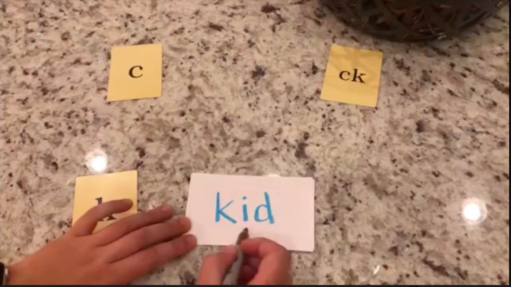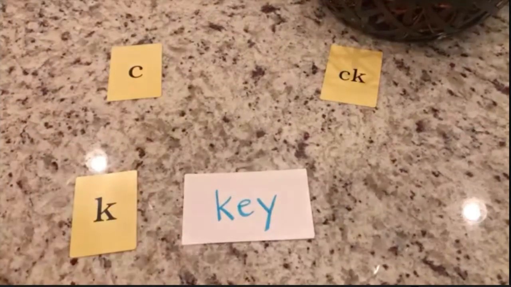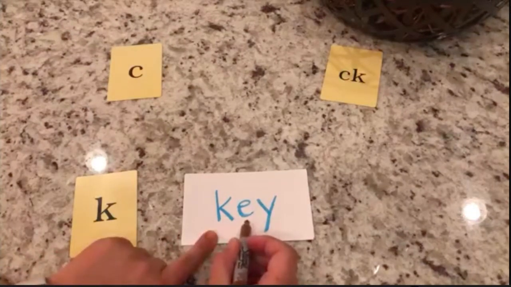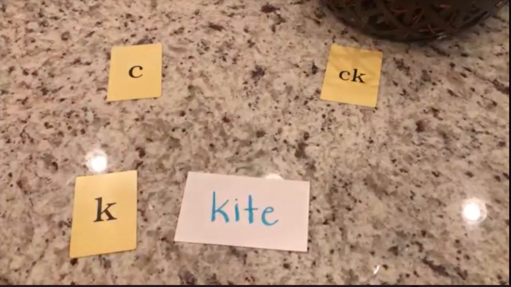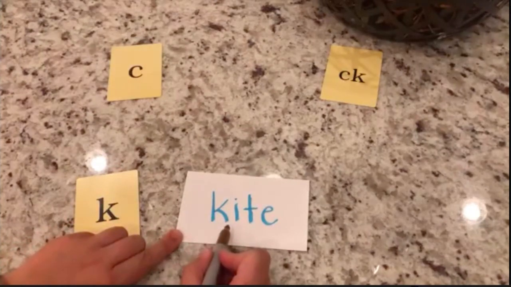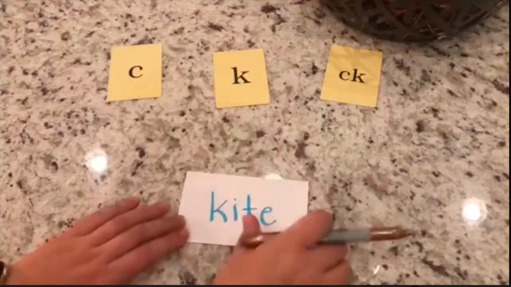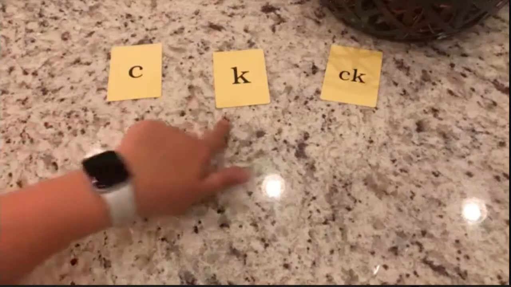K at the beginning because there's an I. We use K at the beginning usually if there's an I or an E following it. This one is key. K at the beginning because it follows with E. And last one, kite. We use a K because it's followed with an I. I's and E's make a K start with it. That's how you can remember how to use your letter sounds.